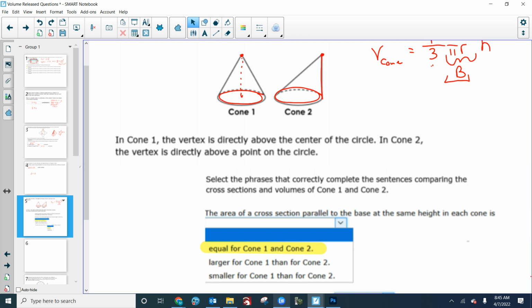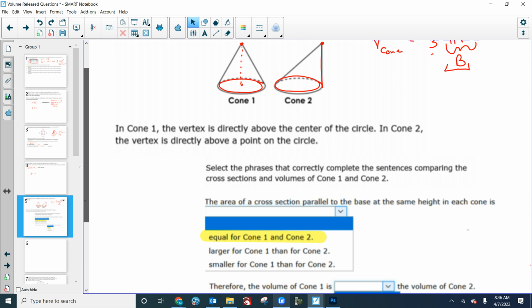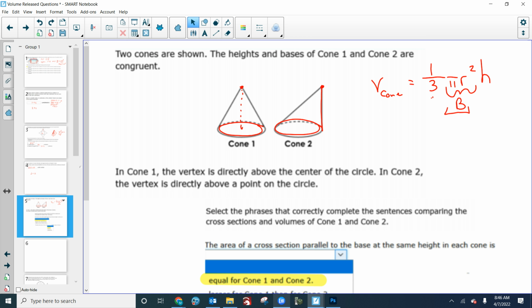Do you agree? Are the heights of those cones the same? Yes or no? And why? They are. And why? What part, Emma? Over here says the heights and bases of cone 1 and cone 2 are congruent. Yeah.